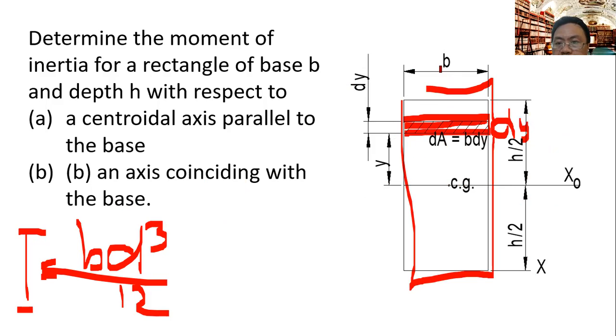So the area is b times dy, because the rectangular strip has dimensions b and dy. So the differential area is b dy. The distance from here to here is y. So y ranges from 0 to a certain height, which is h over 2.